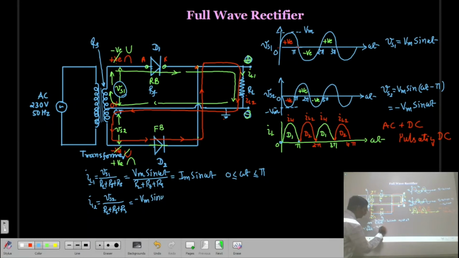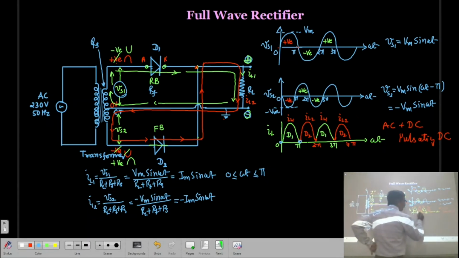Minus Vm sin omega t divided by RL plus RF plus RS. And here we have a minus sign, therefore this current is minus Im sin omega t. And this current is present between pi and 2 pi. Remember.